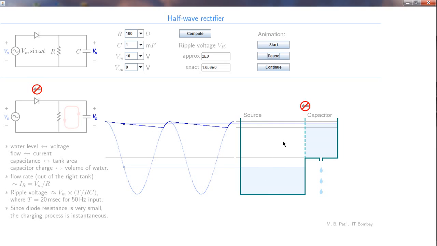This source tank is separated from the capacitor tank with a membrane or a wall. Now this wall is rectifying, so it allows water to flow from there to there, but not the other way, and that is the meaning of this arrow here, the same as this arrow, because the diode does not allow current in that direction.